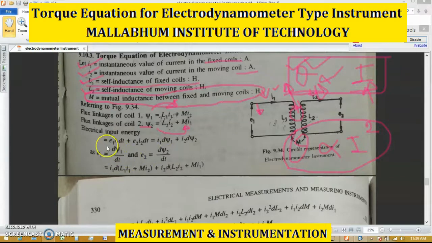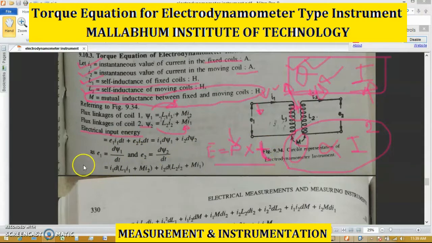Next we want to determine the input electrical energy. The energy is power into time. The power in an electrical circuit is voltage into current, and as this is AC, the instantaneous current is associated, so time t is replaced by dt.